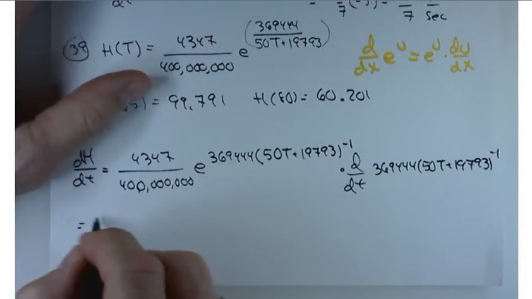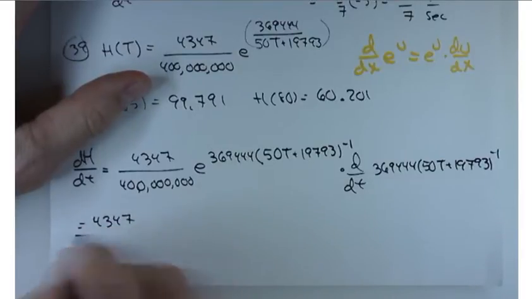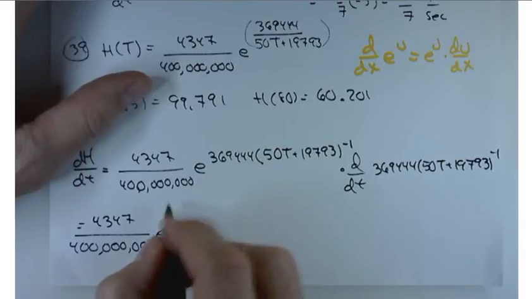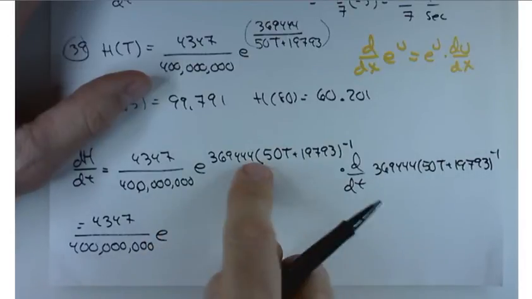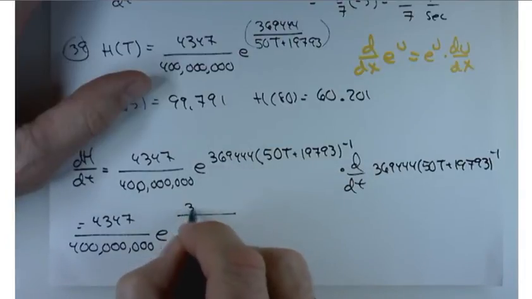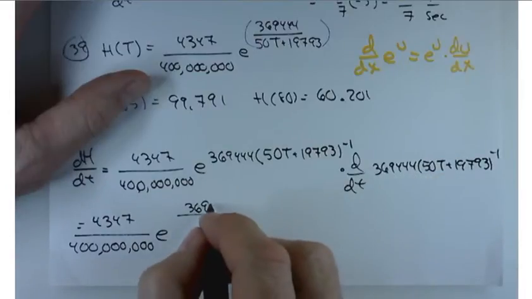So 4,347 over 400 million, e to the 50T plus 19,793. I don't have to write it like the negative-first form anymore. I've already used that form to get the derivative, so let me just write it back like this.